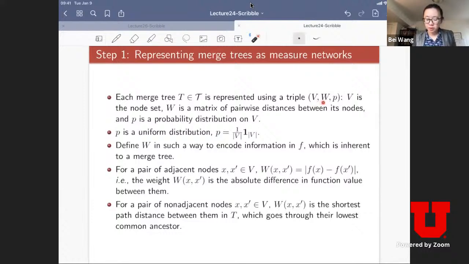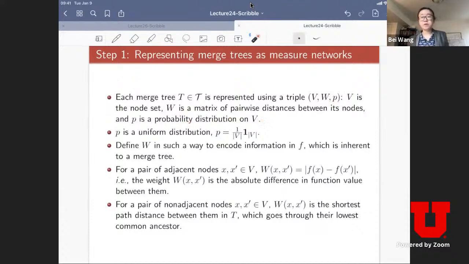It also has what's called the weight matrix W. The weight is basically saying, for every edge in the merge tree, what are the weights attached to it. And then the last one is a probability over the node set. Here we're treating W as pairwise distances, but in general it can be treated as a weight. And P is a probability distribution.